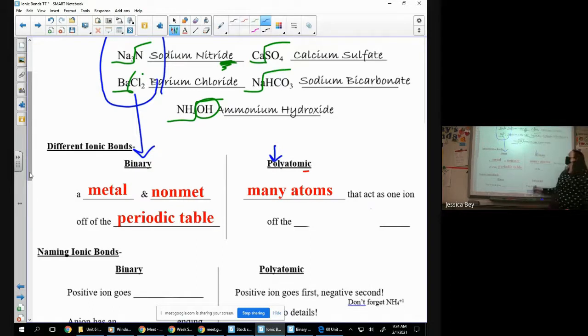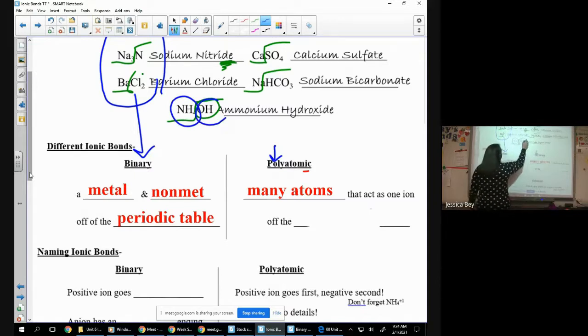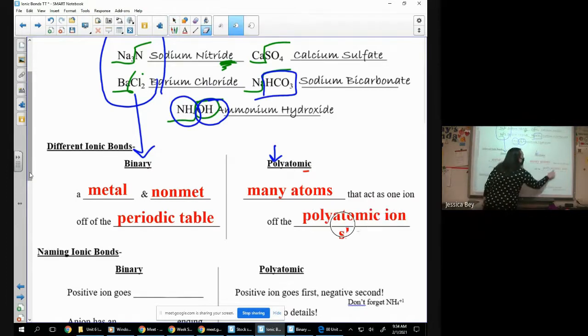Okay, so for instance, NH4 is a polyatomic ion. OH is a polyatomic ion. HCO3, they are many atoms that act like one thing. Okay, and they're off your polyatomic ion sheet. So here is an entire list of those items. All of those ions are right here.